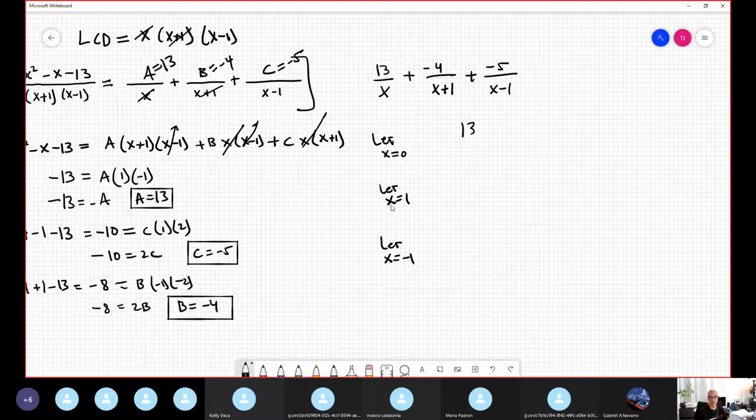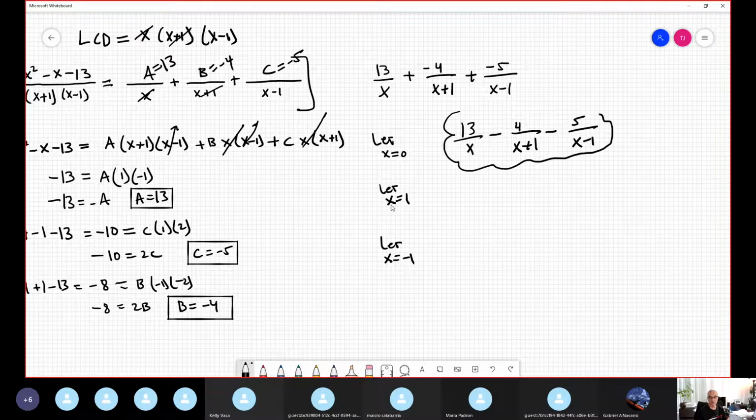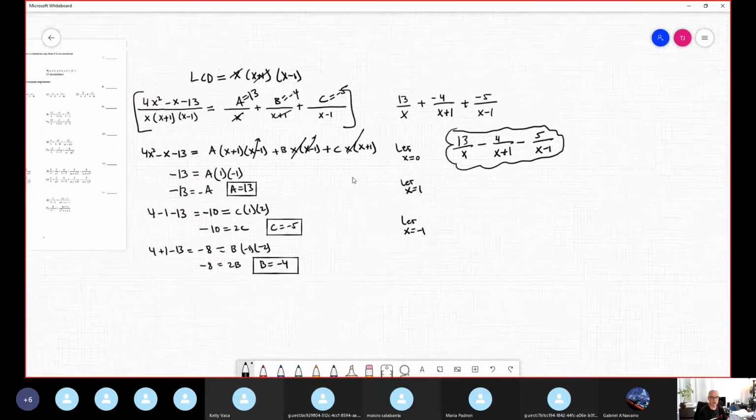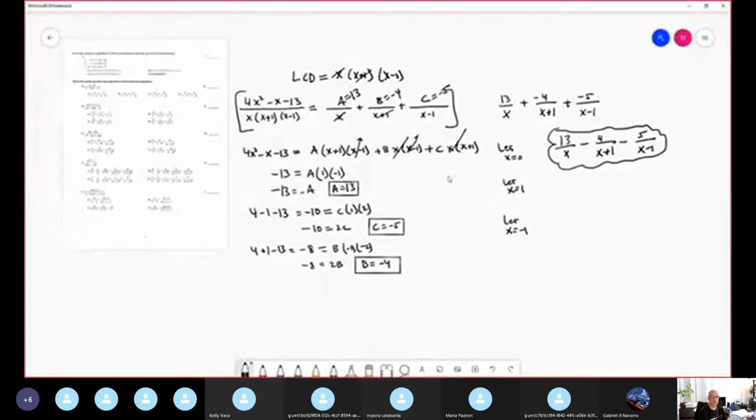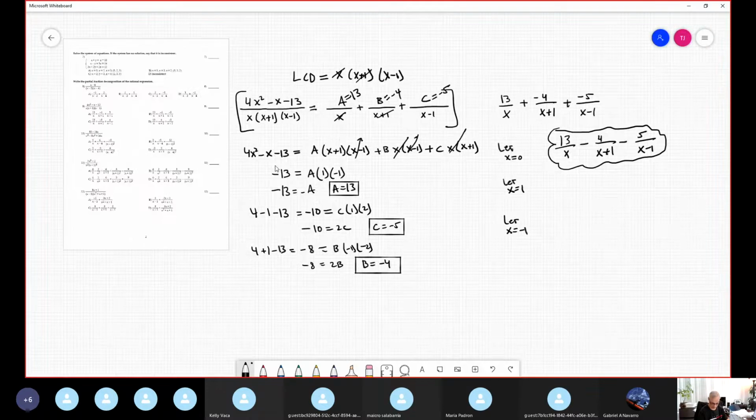I like 13 over x minus 4 over x plus 1 minus 5 over x minus 1. You know, they are equivalent, no? They are equivalent. However, I don't know, in the choice that we have here, I suppose que select the first option.